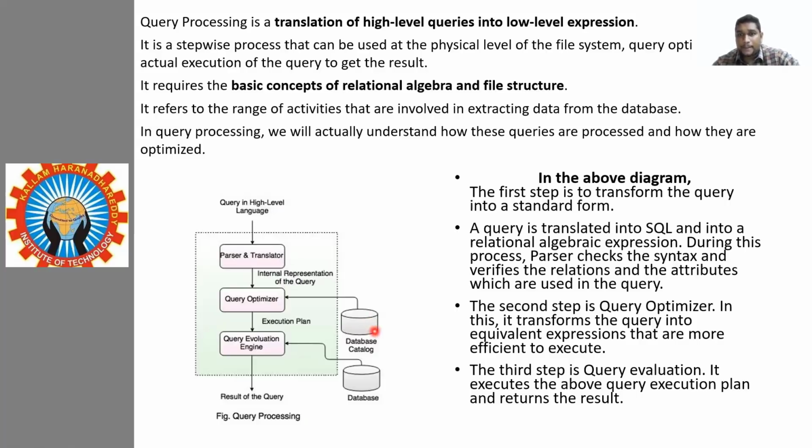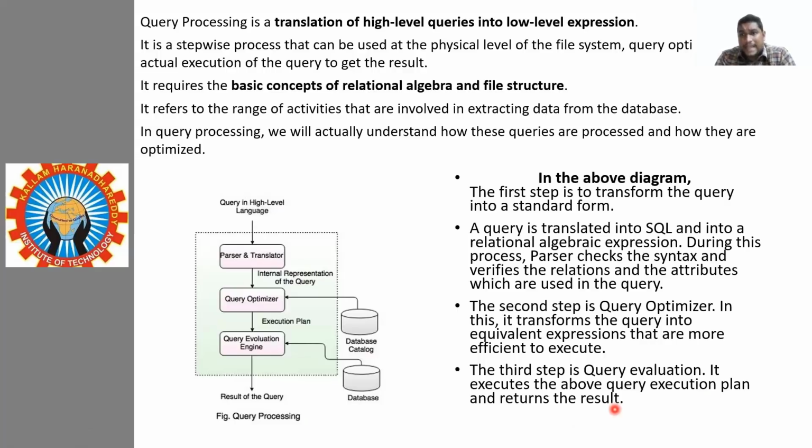The query optimizer takes the expression from the parser and gives it to the database catalog. That is metadata, the data dictionary, all of which come under the database catalog. And the last one is query evaluation, where the language is converted into zeros and ones. It executes the above query execution plan and returns the result. Clear? I hope you understand.